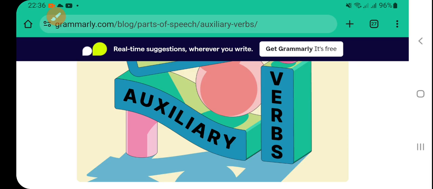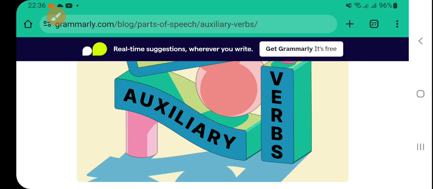Main verbs have three forms actually: present, past and past participle. And verbs are mainly used for showing time, right?